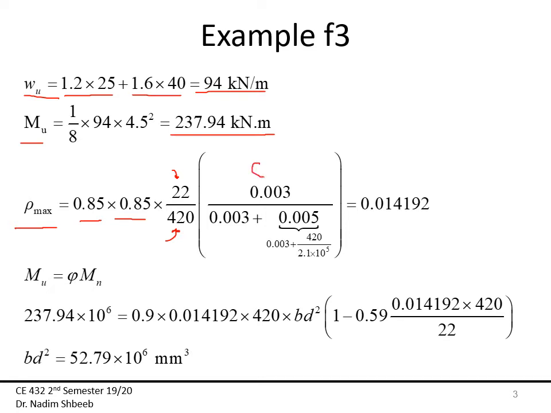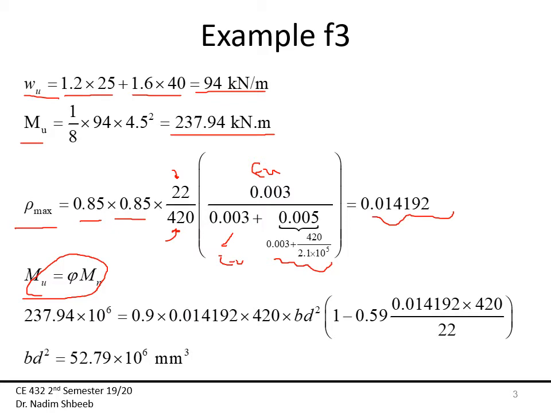And this is epsilon ultimate for concrete, the crushing strain, 0.003, plus epsilon ty, which in this case is 0.005. From that, I'm finding my rho max to be 0.014192.